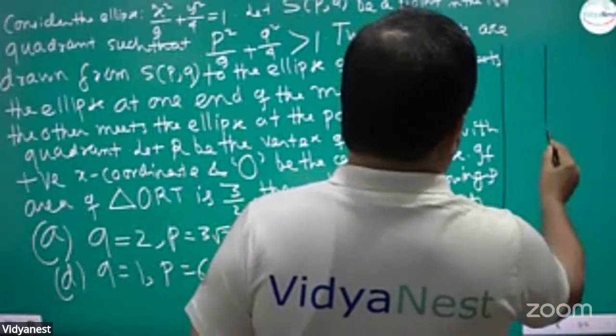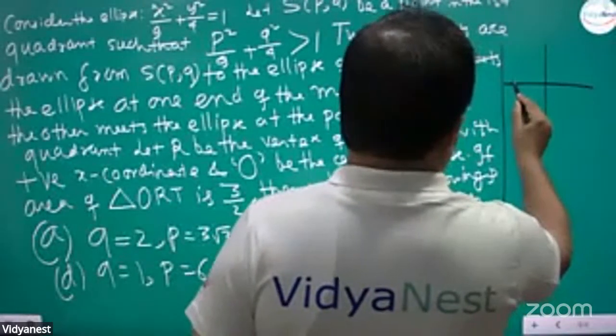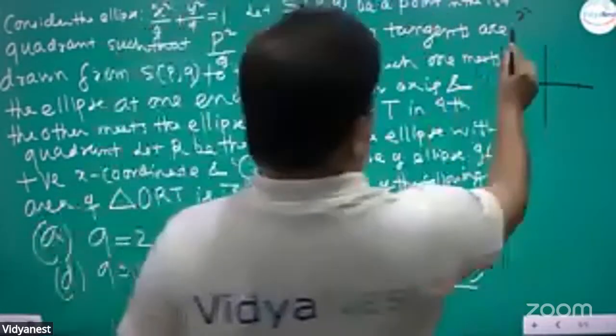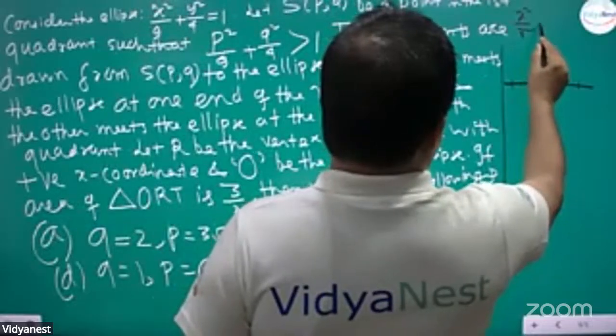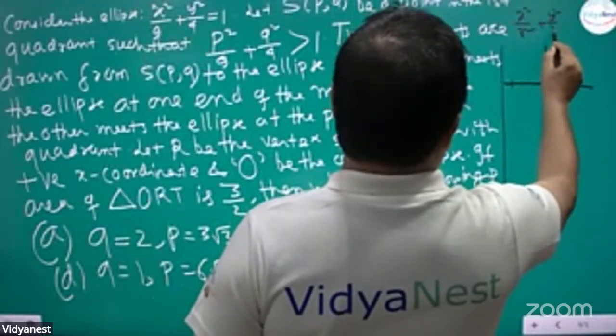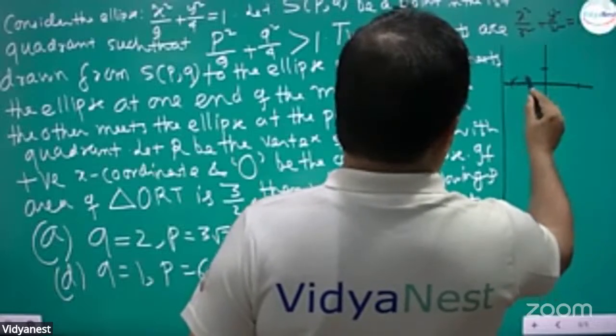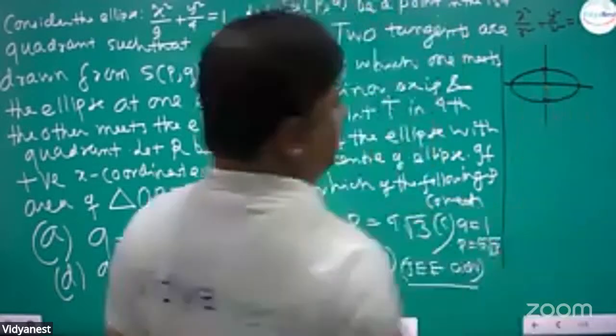Let us draw the figure. X square, 9 means 3 square. Y square by 2 square. So this is 3, this is 2. This is the ellipse. Okay.